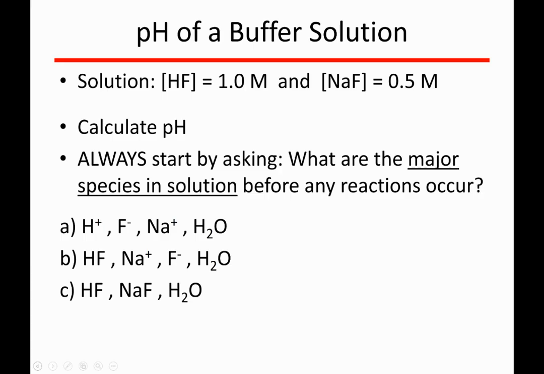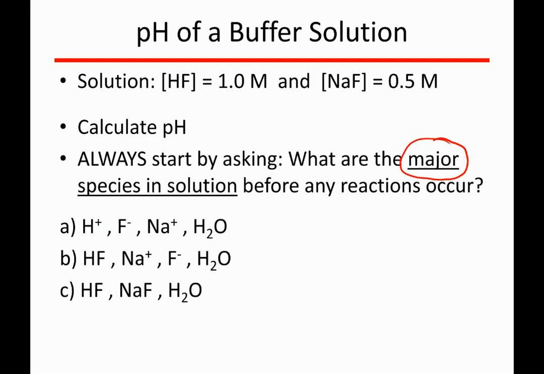When we write the list of major species in solution, it's important to keep in mind the word major and what that word is telling us. The word major means that it's going to be present to a large extent in your solution. Now, in the case of our weak acid HF, this does not dissociate to a very large extent in water. You could calculate the percent dissociation if you want, and you'd find that it's on the order of about 1%.